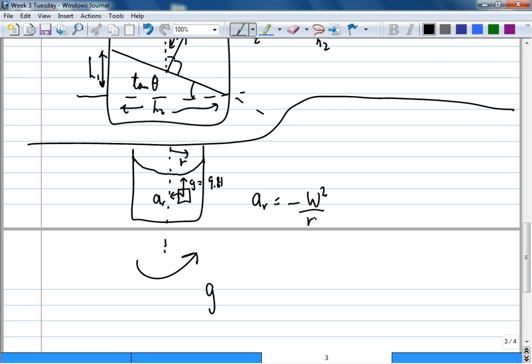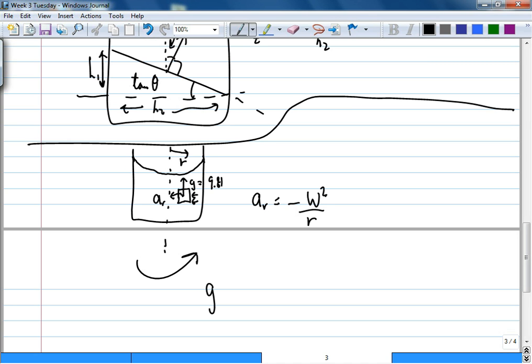So you expect as you go outwards, your pressure will increase because of this acceleration, the fluid accelerating inwards. The higher pressure on the outside needs to be there to push the fluid to make sure it goes round in a circle. There needs to be a force to push this fluid, and that force is due to the higher pressure on the outside.